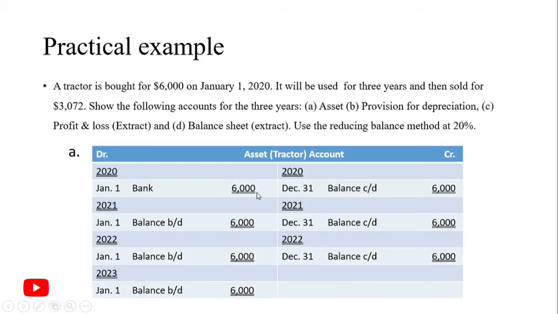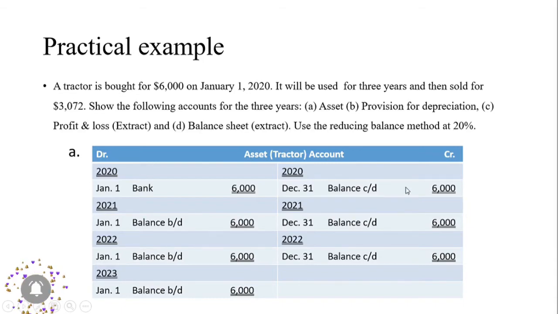And for 2020 we did not buy any other asset, and so we are going to balance off the asset at the end of the period, and this is where the balancing skill would come in. Again, if you do not know how to balance off a double entry account, then look in the description below and you can see the link to that tutorial.